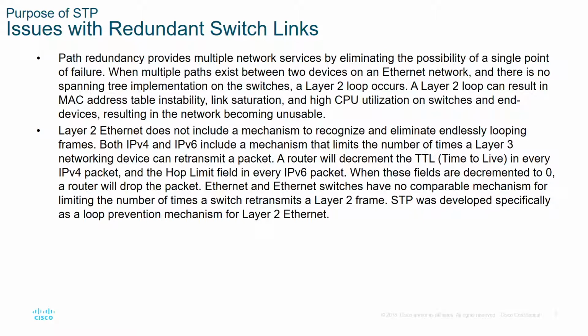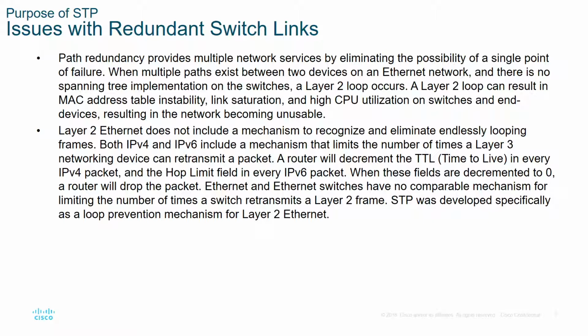So layer 2 Ethernet does not include a mechanism to recognize and eliminate endlessly looping frames. Both IP version 4 and IP version 6 include a mechanism that limits the number of times a layer 3 networking device can retransmit a packet. A router will decrement the TTL, or time to live, in every IP version 4 packet and the hop limit field in every IP version 6 packet.